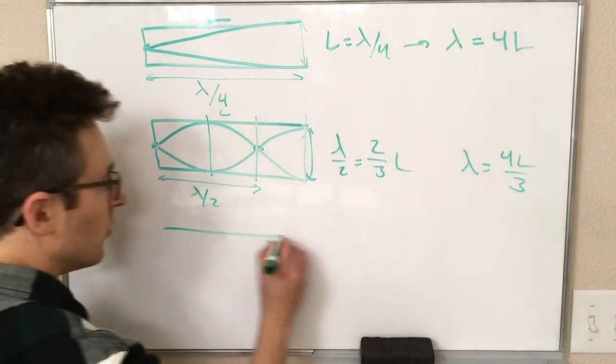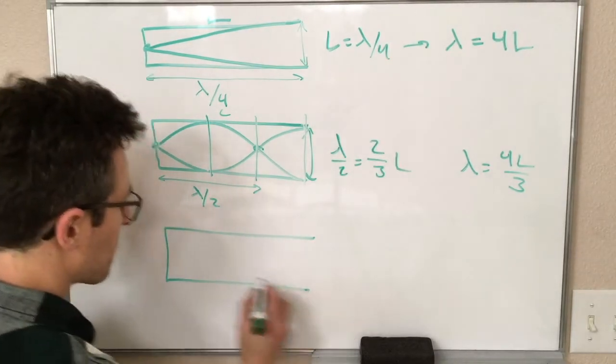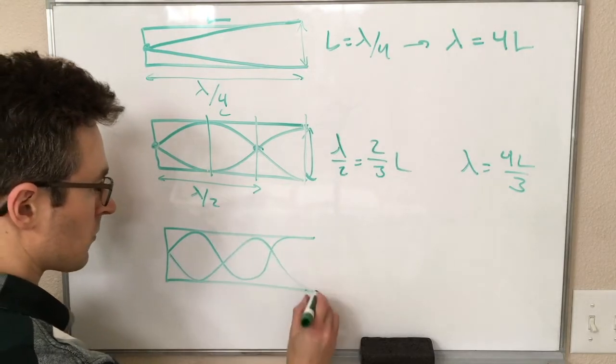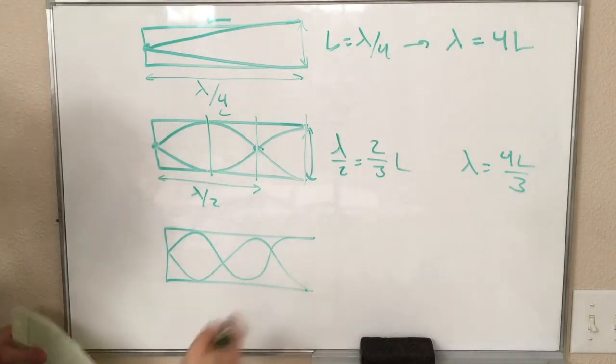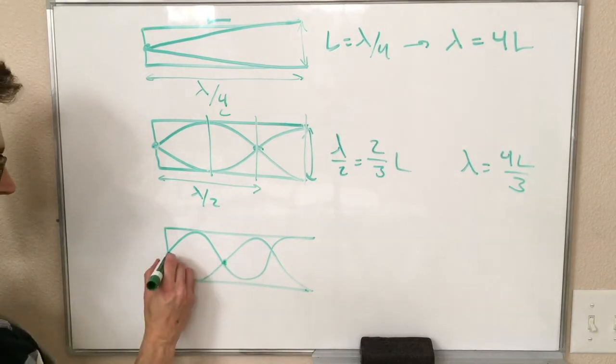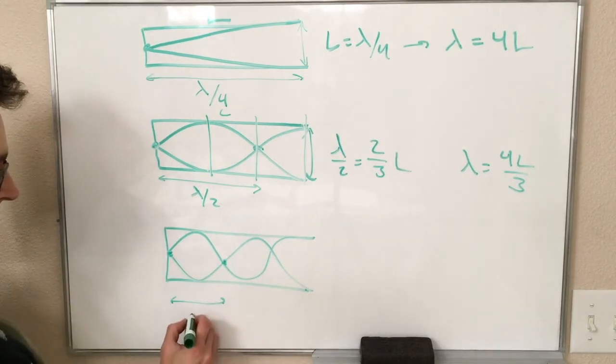All right, we'll do one more and see if we can spot a pattern. This one's not as even, but I think it's good enough to get the idea. So here, the distance between these two nodes is still lambda over 2.